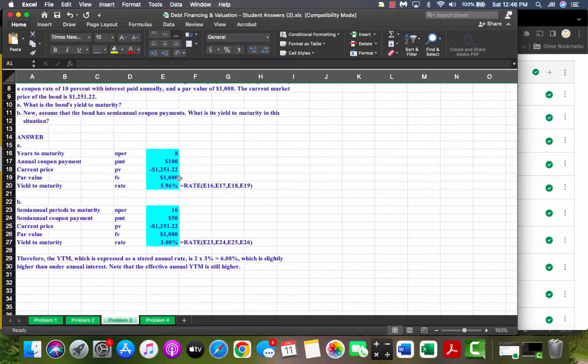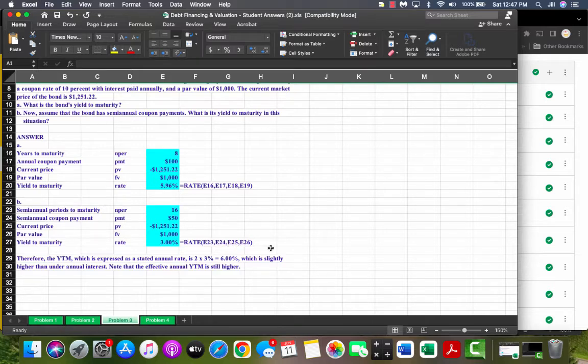So down here, again, like in the initial, we have the 8 years to maturity, annual coupon payment $100. Down here, we have the semi-annual periods to maturity. So instead of 8, we now have 16 because it's twice a year. And then the coupon payment goes from 100 to 50 because it's twice a year. Still $100 a year, but $50 per payment. So that was the difference there.